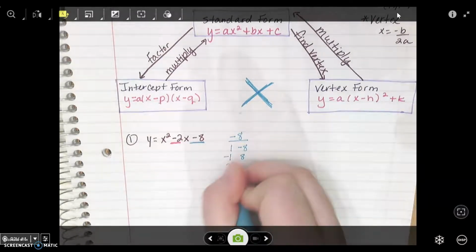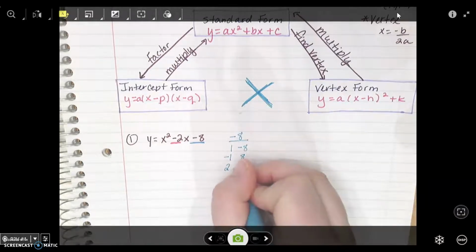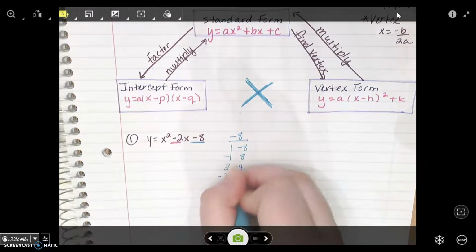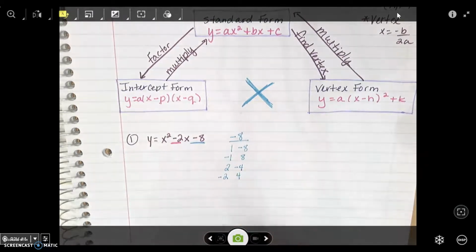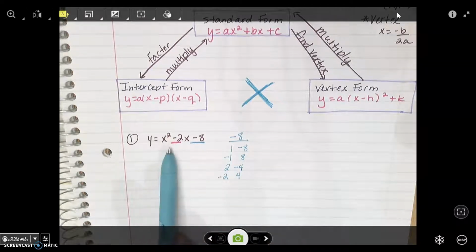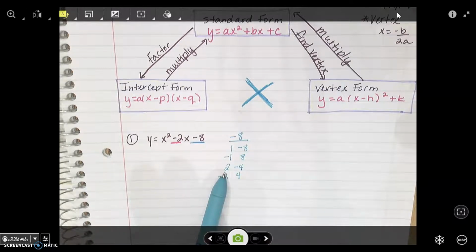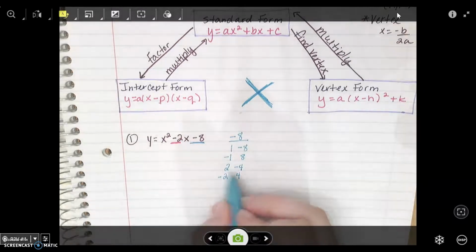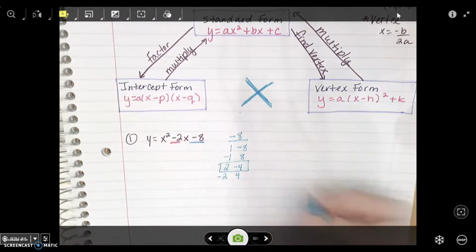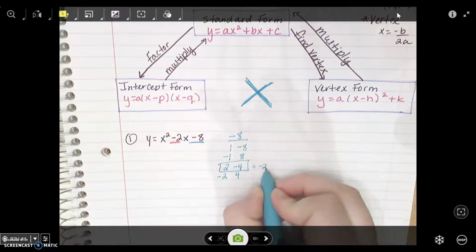We've got 2 and negative 4. Or you can switch the negative around and do negative 2 and 4. Both of these also multiply to give you negative 8. But which combination adds to give you negative 2? Okay, 2 plus negative 4, or 2 minus 4, when you add those together, you get a negative 2.